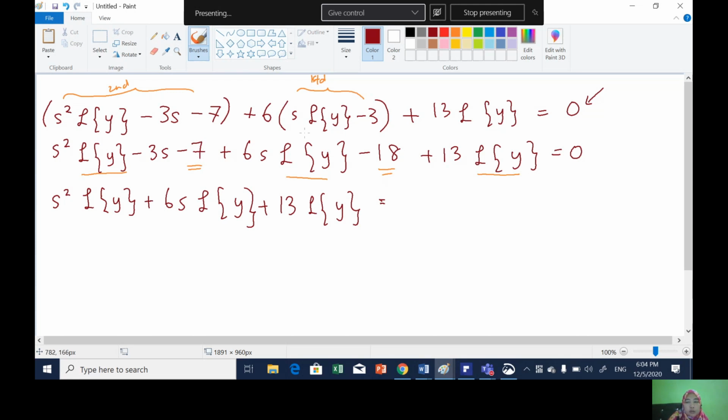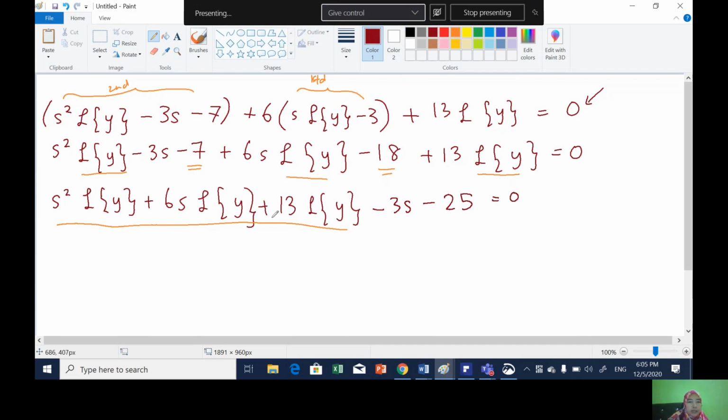Okay, I'm going to write down properly one by one so that you can see. Here will be minus 3s minus 25 equal to 0. Okay, so the next step, the one that I underline here will remain on the left hand side. The other part that I didn't underline will be going to the right hand side.